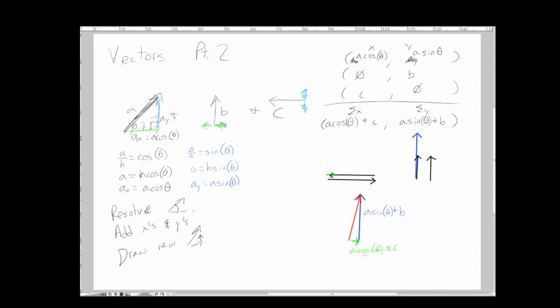So we could maybe write this as A cosine theta minus the magnitude of C. And so this would be our new resultant. And theta, if we're looking for, well, that wouldn't be theta. It's not the same angle as this one over here. So let's call it alpha.